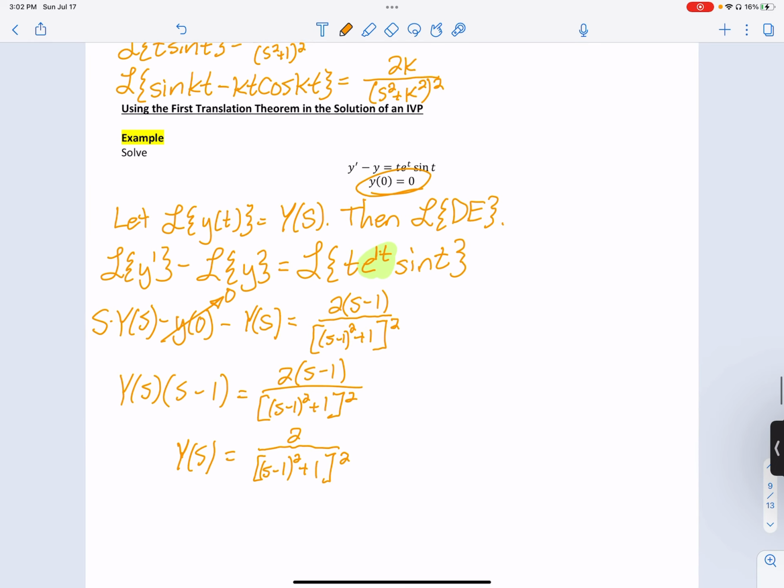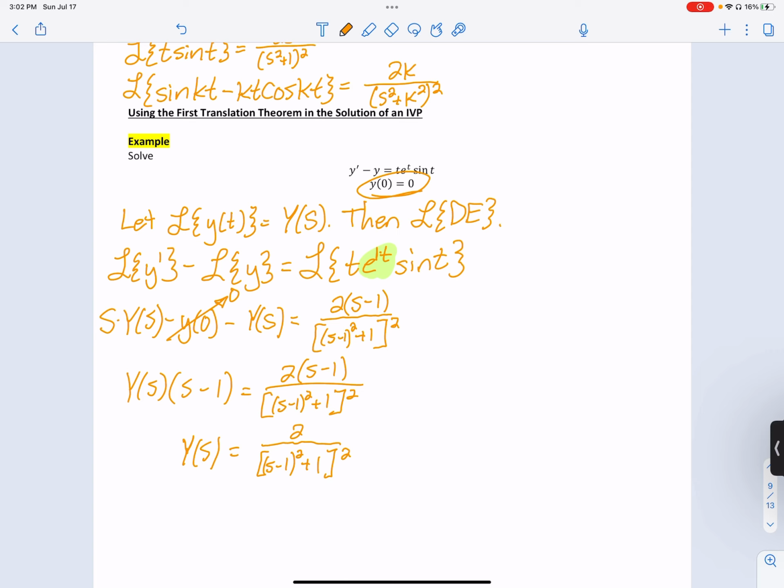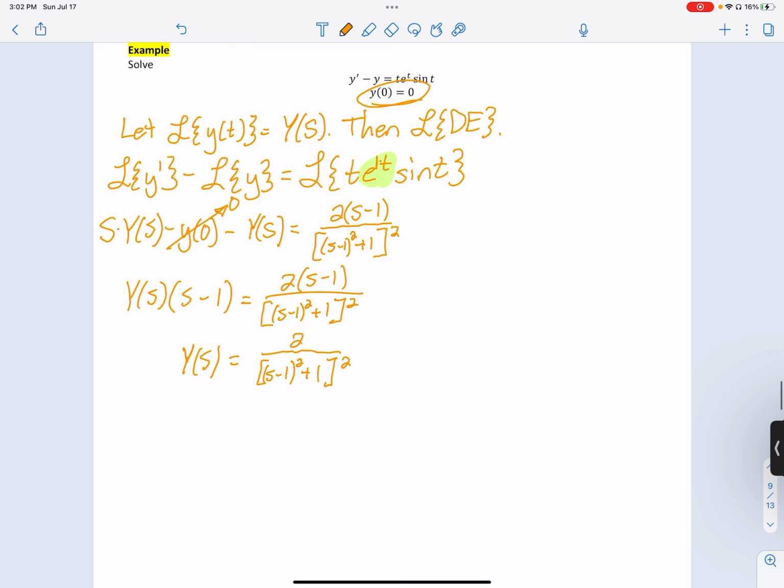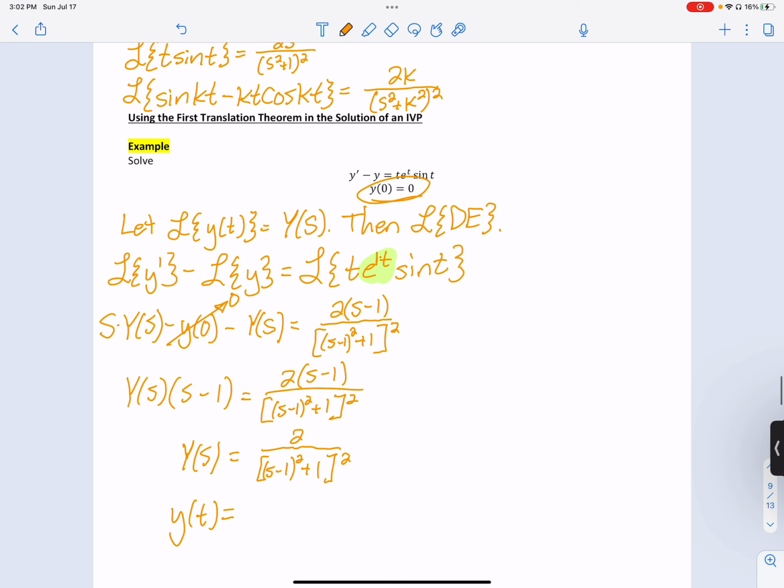If you look, I'll scroll out, that is that top one there. So if I take the inverse Laplace of both sides, I get y of t equals the inverse Laplace of that, which looks just like this, where k is 1. So I get sine, the s minus 1 here goes where this s was. So we are working backwards, kind of like what we did here to here. We're going to work backwards now.